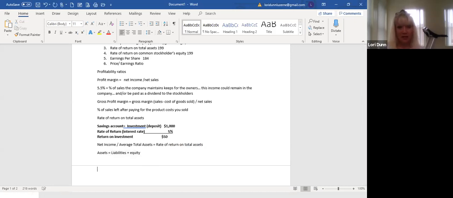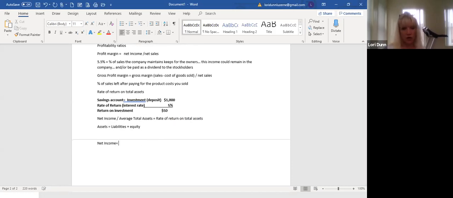So if you have a company, I'm just going to give a scenario here, net income, of course, would be taken right off of your income statement, is $50,000, and total assets at the beginning of the year are $700,000, and total assets at the end of the year are $750,000.